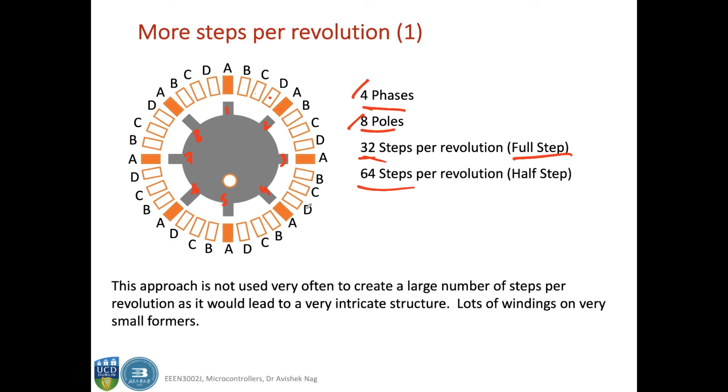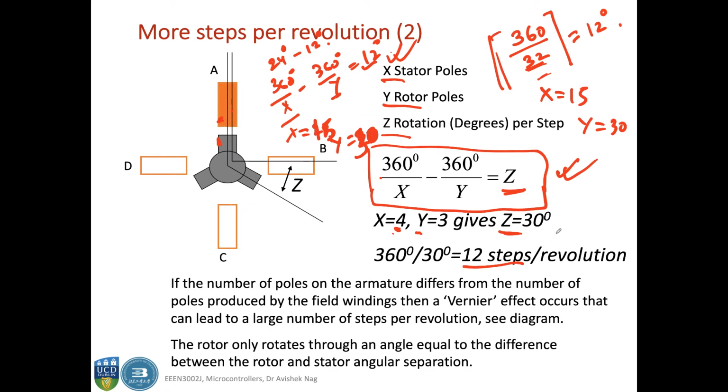Okay, so this is what is practically used, this type of structure. So if the number of poles on the armature differs from the number of poles produced by the field windings, then a vernier effect occurs that can lead to a large number of steps per revolution. The rotor only rotates through an angle equal to the difference between the rotor and stator angular separation.